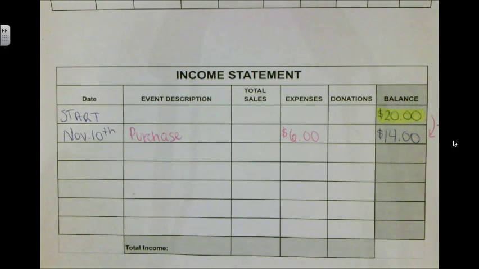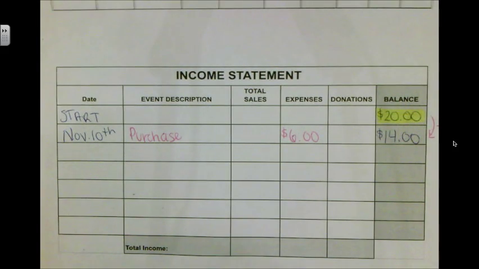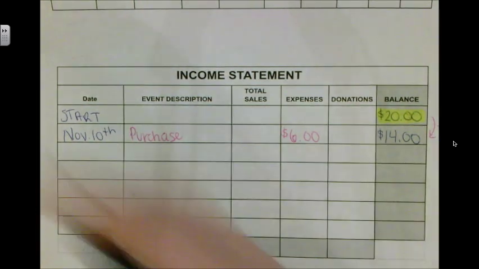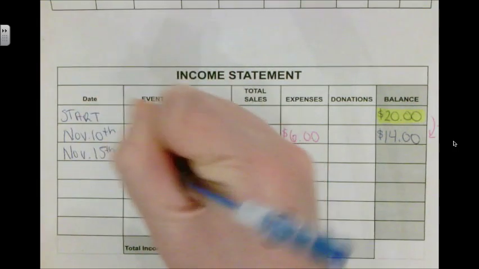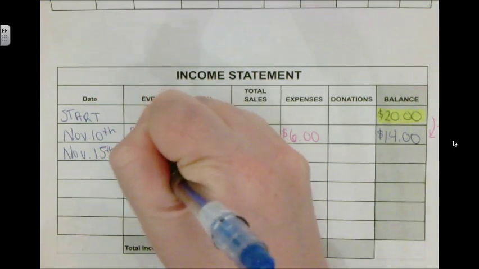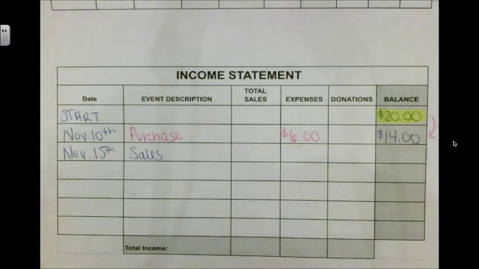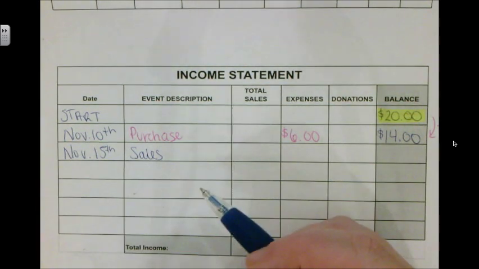Then you guys know after that, which we were doing in the previous video, that on November 15th, it's the first time they're doing sales. So Darren and Devin sit somewhere and do a bake sale and sell a bunch of cupcakes. We did all of the calculations for that in the previous video, so I'm not going to read the statements again.